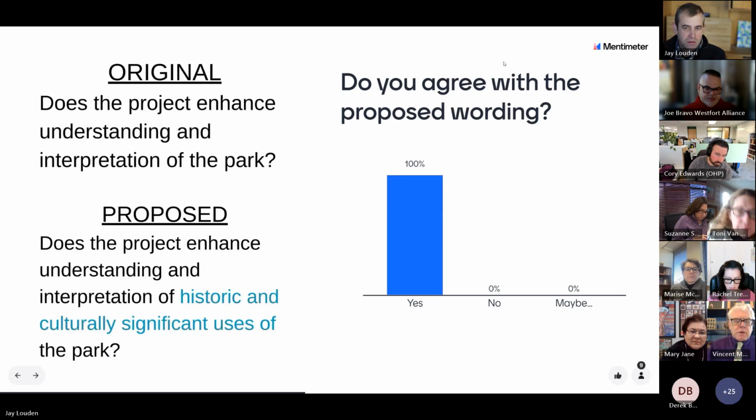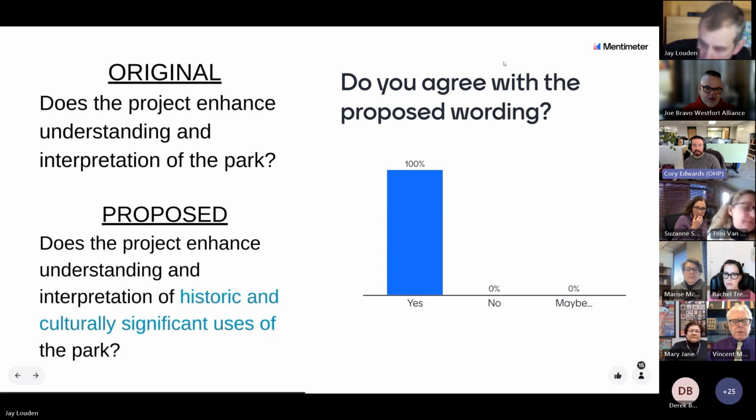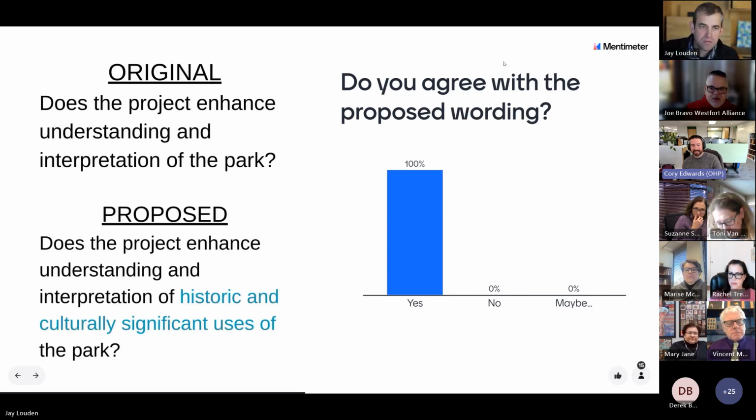This is one that we got strong reactions around in all four rooms. They wanted to add this idea of historic and culturally significant uses. Isn't that right, Corey? Yes, this is the language that we finally landed on after hearing several similar things. I think this language kind of ties it all together.